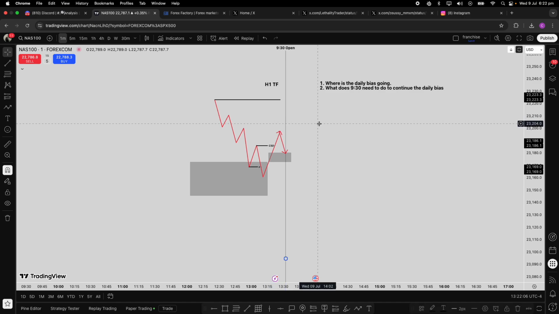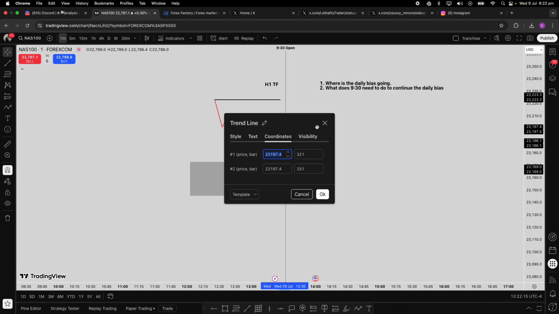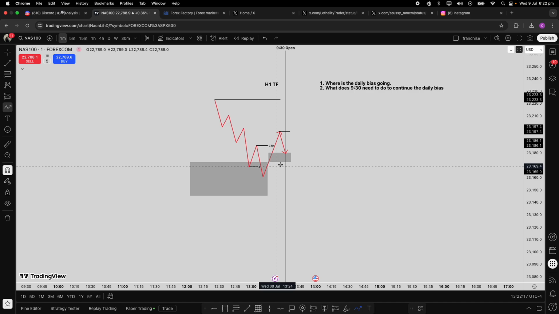However, if we open here at 9:30, for 9:30 to continue the daily bias, where does it need to go to? Take out this ERL. Because then we would be moving from IRL to ERL. And then the same applies. So you need to know where the daily bias is going and what does 9:30 need to do to continue the bias.